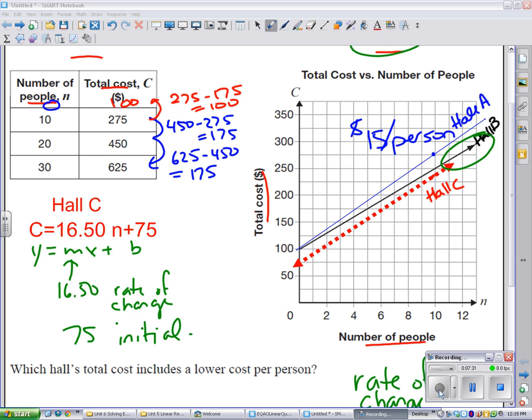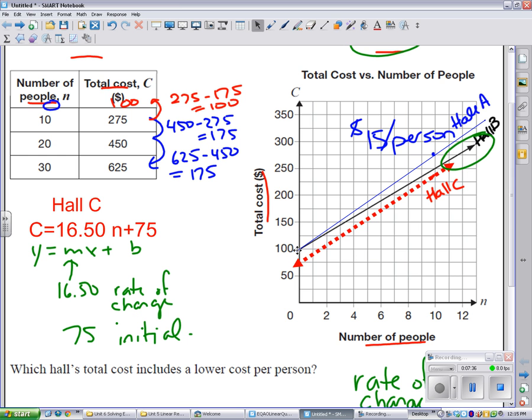What about comparing the line of B and the line of A? Will Hall A ever be less expensive than Hall B?